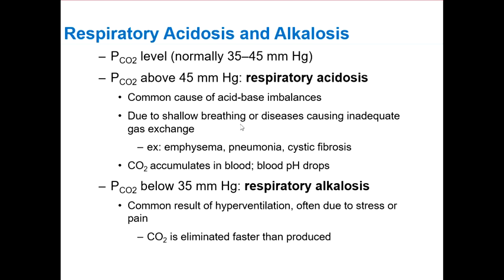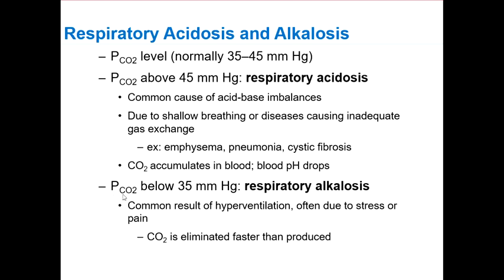When carbon dioxide accumulates in your fluids, we know now, hand in hand, we have the hydrogen ion accumulating as well, which makes the fluid more acidic and therefore respiratory acidosis. So CO2 accumulates in the blood, pH drops, because with CO2 comes hydrogen ion accumulation. Look at the previous video to see how that happens with the equation.